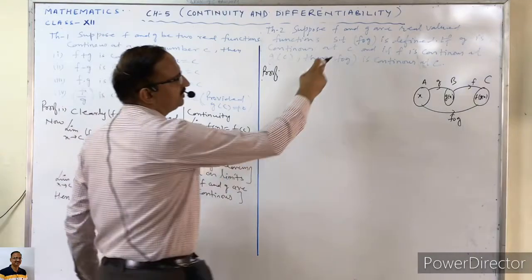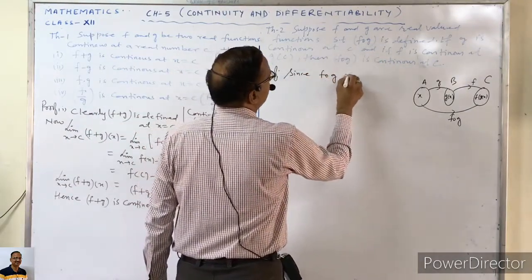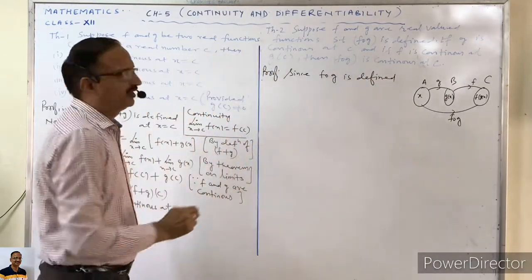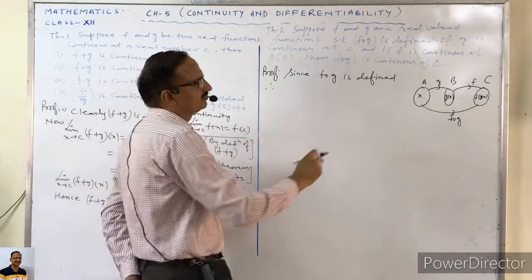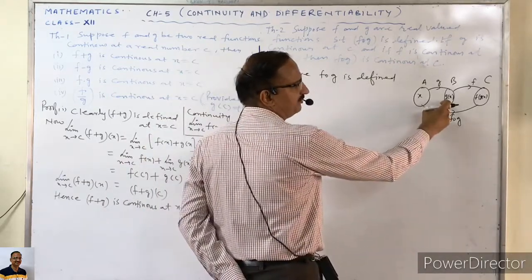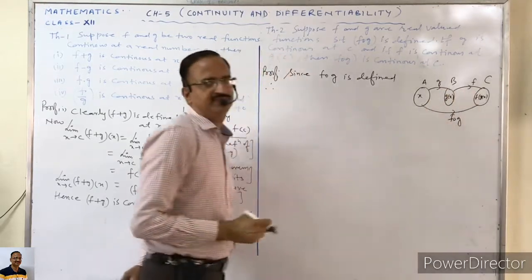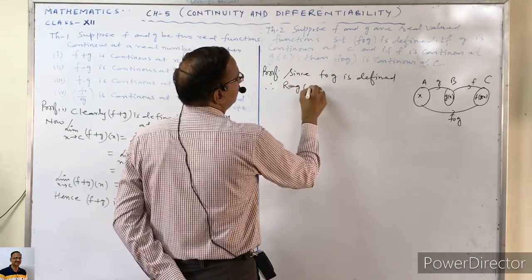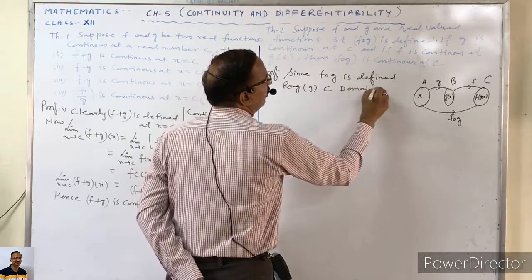Since fog is defined, therefore, look at this one. This is the range of g, and it is also the domain of f. So we can say that the range of g is a subset of the domain of f.